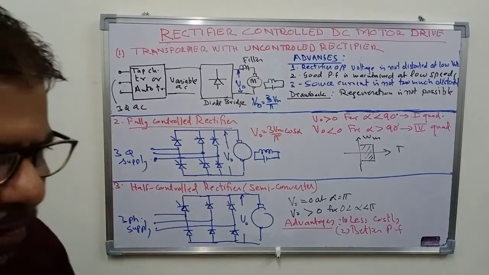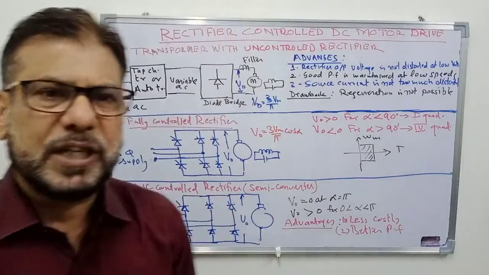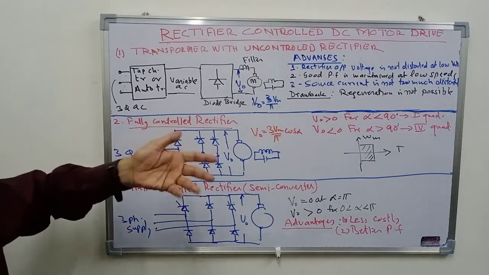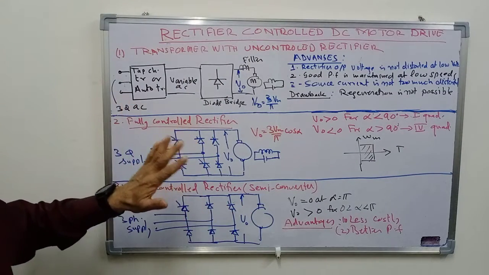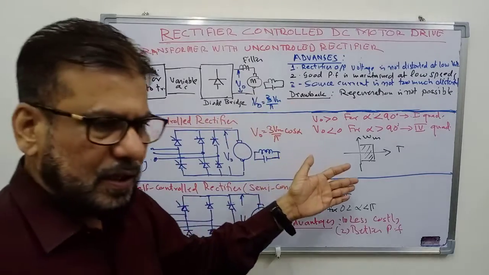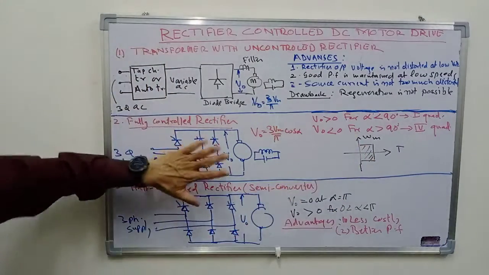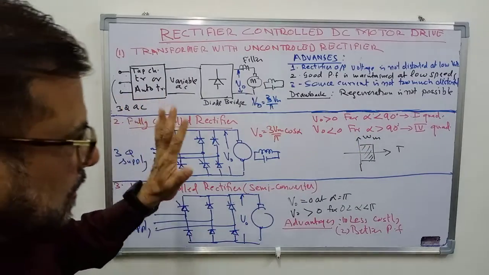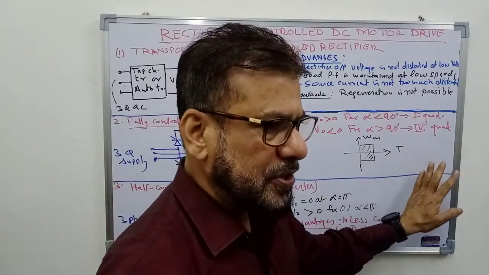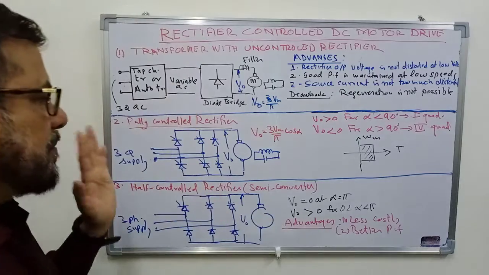For that you have to use some schemes so that the current can be reversed. There are schemes which can be used for third and second quadrant operations. But as such, in this case, only first and fourth quadrant operations are possible.